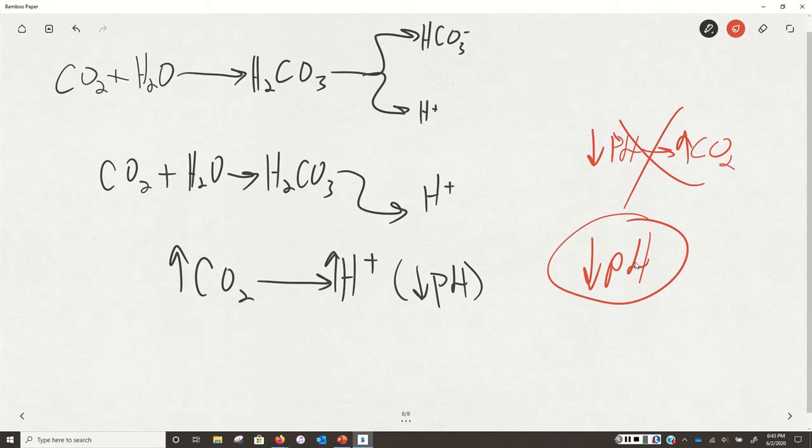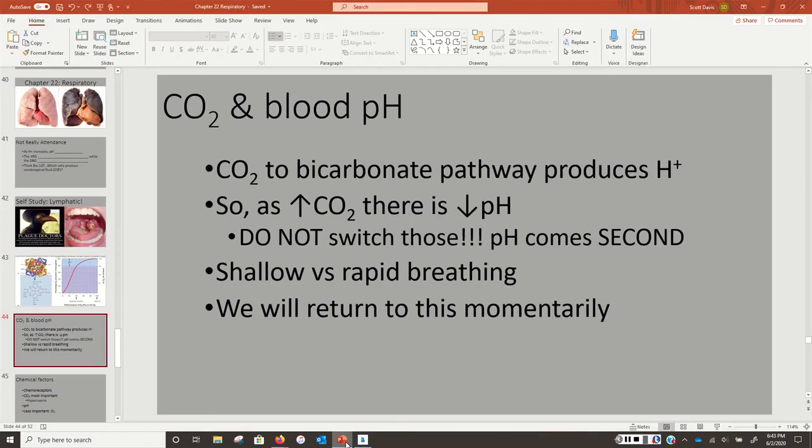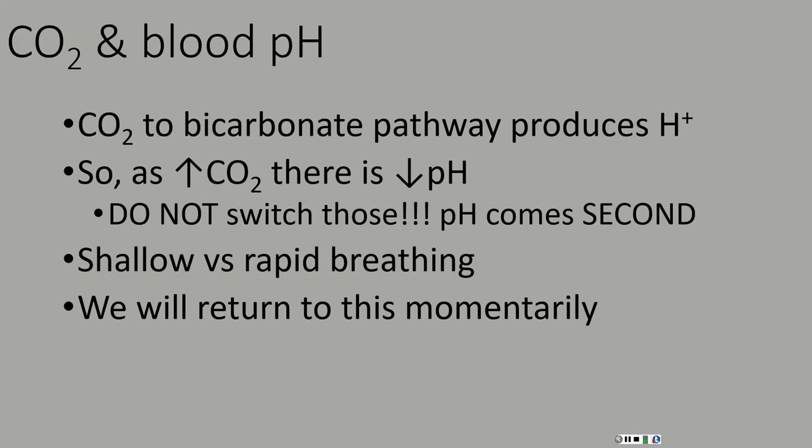Because we can't. All that low pH tells us is that this person has a low pH. It does not tell us anything at all about their CO2 levels. So just for a moment, let's go back to our slide here, and then we're going to go back to the whiteboard. So as CO2 increases, there's a drop in pH. Do not switch those. pH comes second.